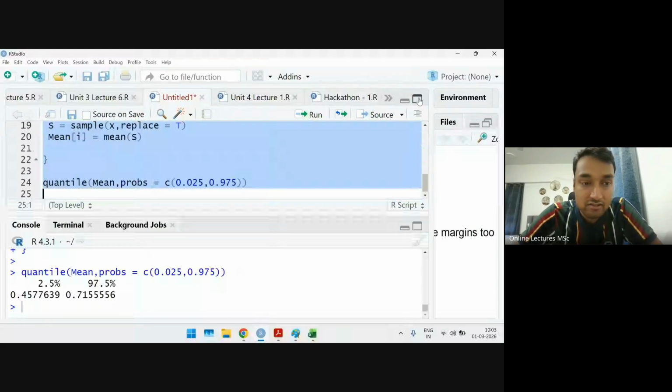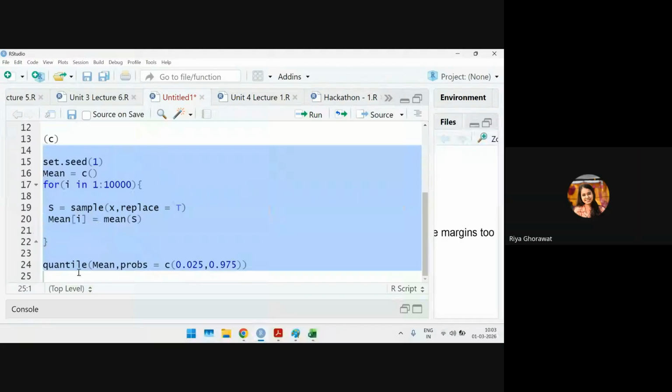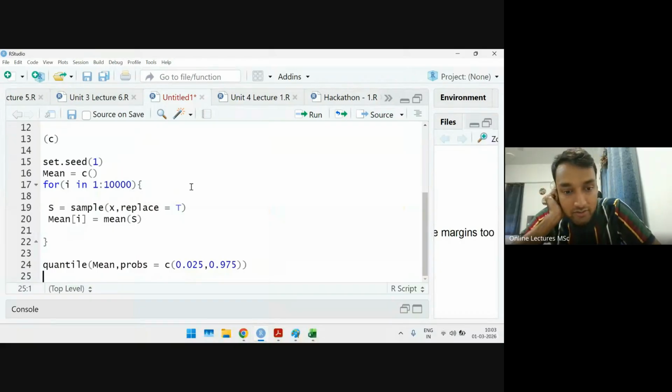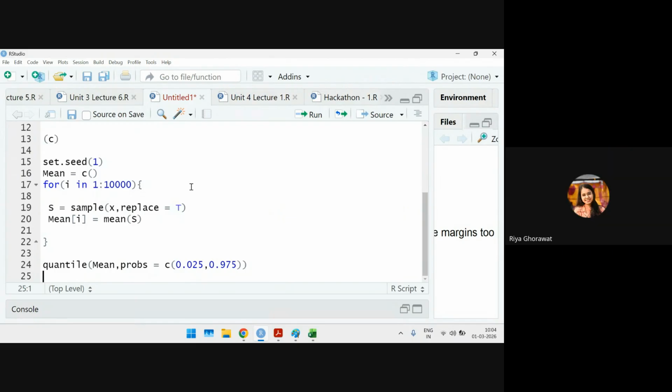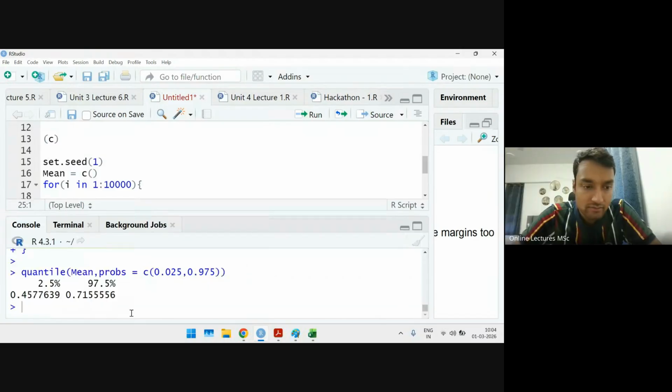Ria, you were trying to tell something. Can we see the code once? Yes, I have it on my screen. Good, if you've done the same thing, you can compare my answers and your answers after setting a seed of 1.